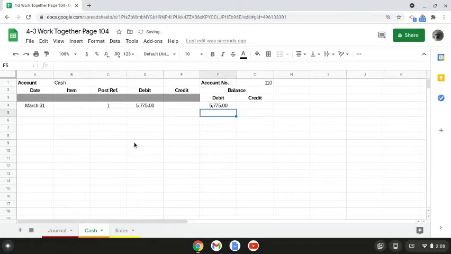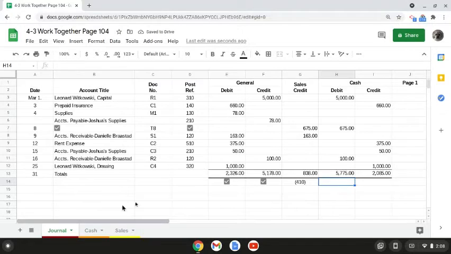Finally, the last thing that we're going to do is return back to the journal and put in the account number underneath the total. The account number for cash is 110, and we also record the account number for cash in parentheses. Okay, so that was the cash debit column.